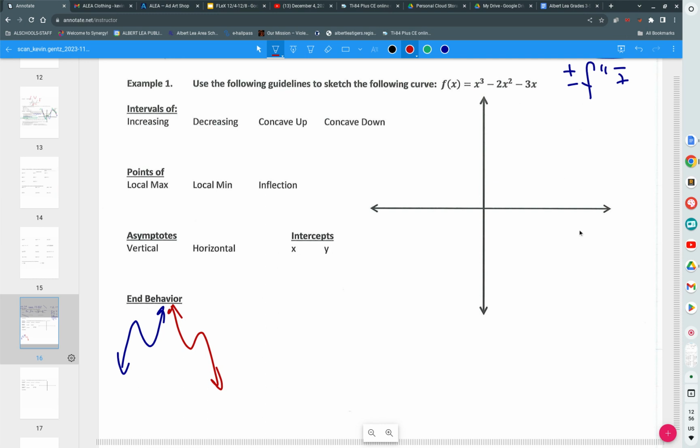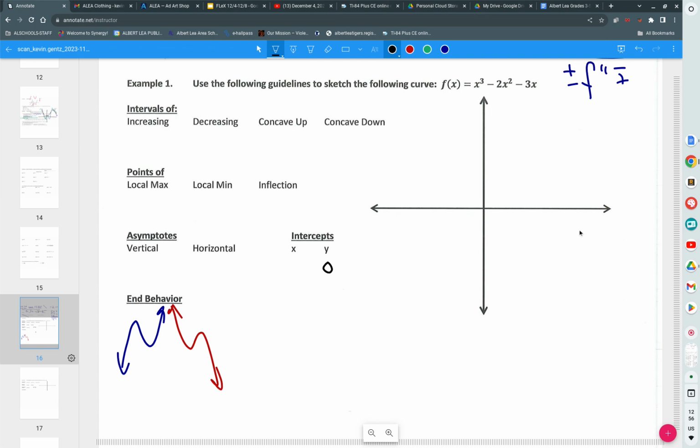You okay with that? All right, let's talk about intercepts. I'm going to find the y-intercept, and I find the y-intercept by setting the x value equal to 0. What do you get if you plug in 0 for x? 0. So 0 is the y-intercept.